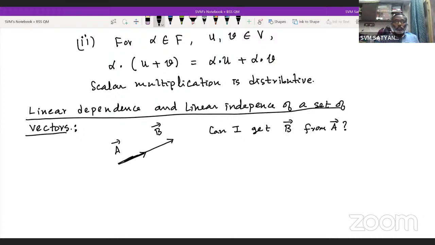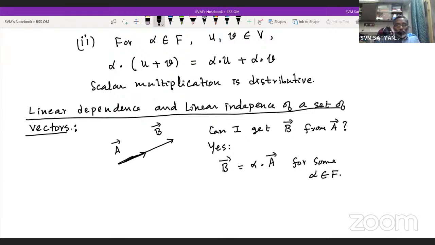The answer is yes, because I can say B is equal to some alpha times A, for some alpha in F. I can take a scalar and multiply the scalar with A, then I will get B.